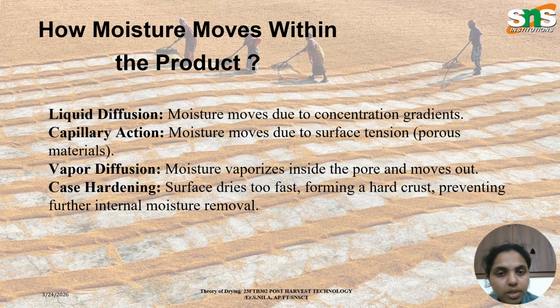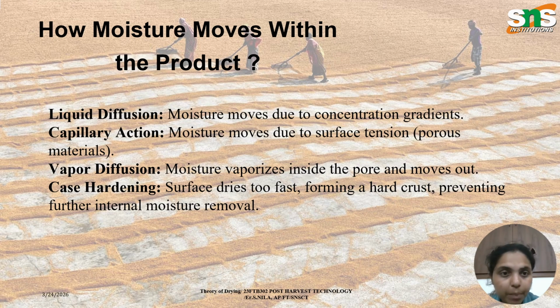So what is the next one? Inside the product, moisture moves by various mechanisms like liquid diffusion, capillary movement, vapor diffusion, etc. Liquid diffusion is due to the concentration gradients. In capillary action, moisture moves due to the surface tension, particularly in porous materials.